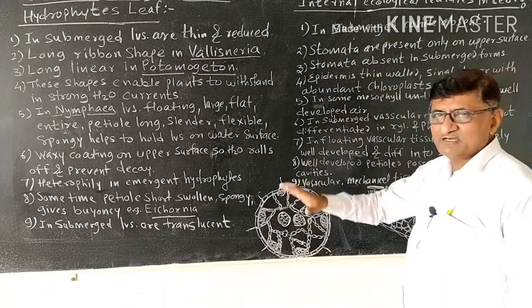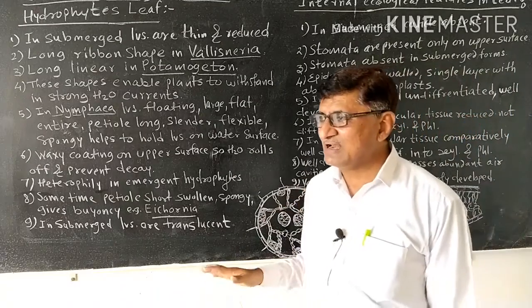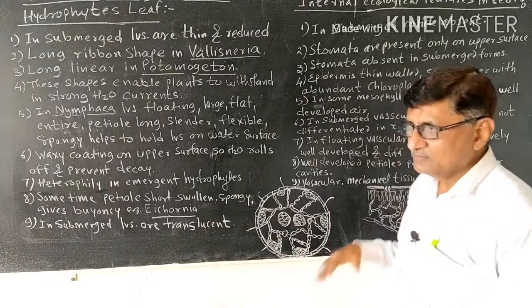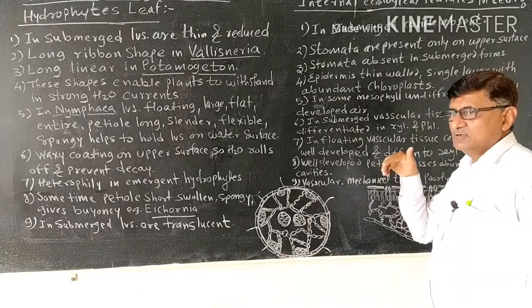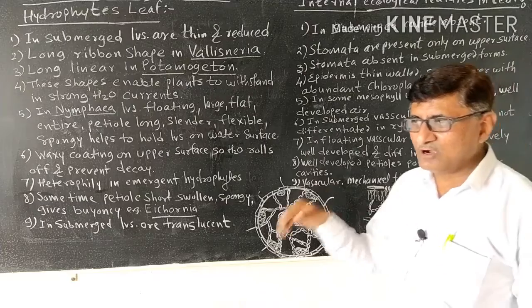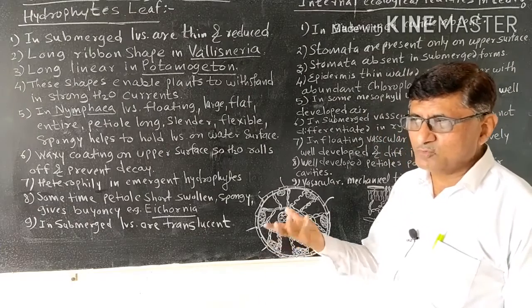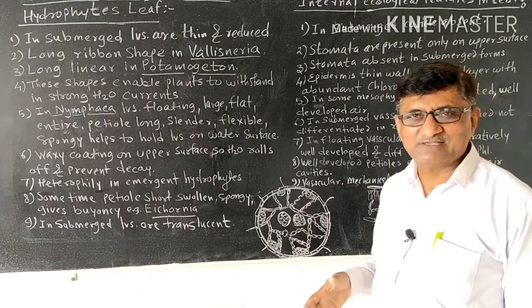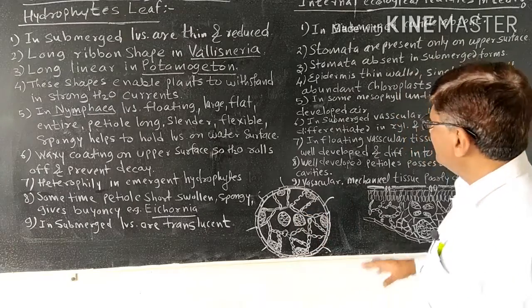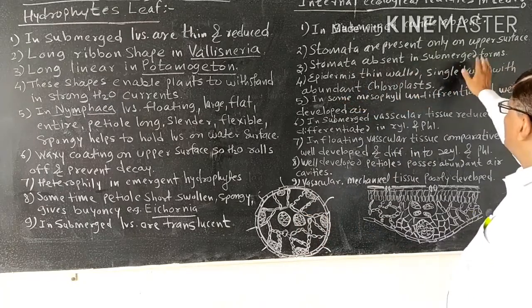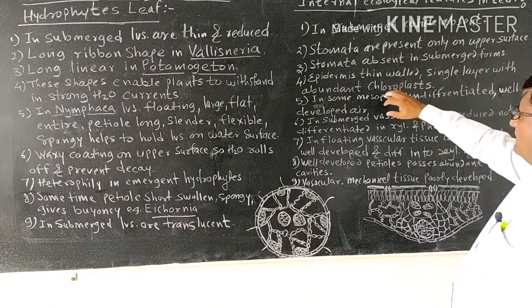In case of submerged hydrophytes, the stomata are totally absent because sunlight does not reach through the water, and even if stomata were present, they would be useless. So that's why in submerged cases the stomata are absent.